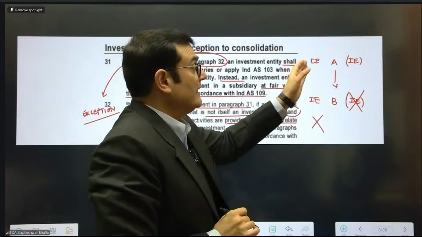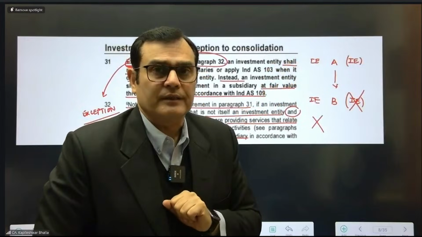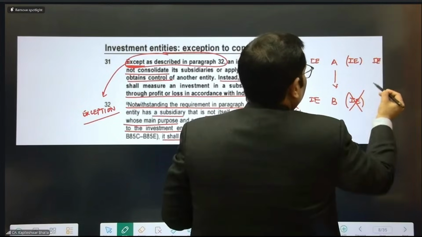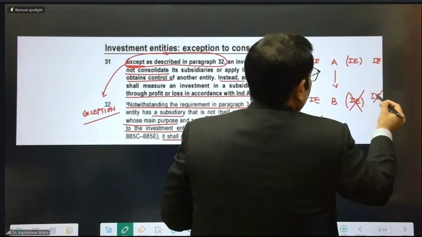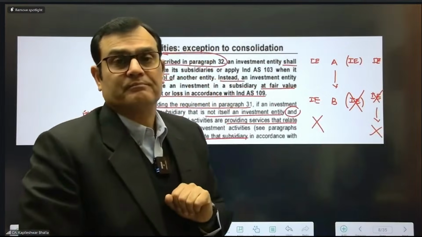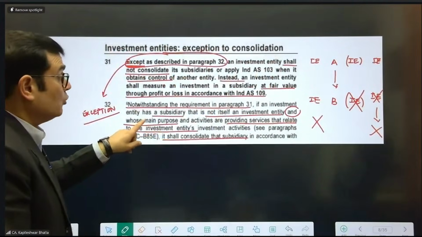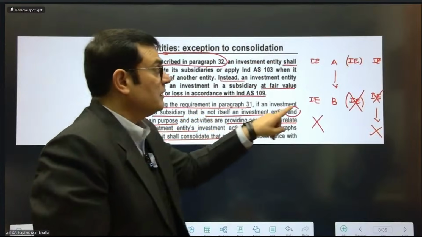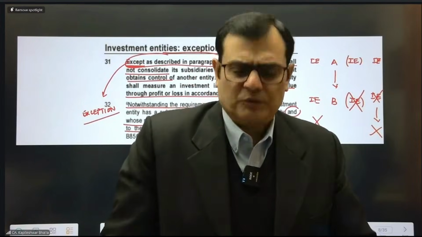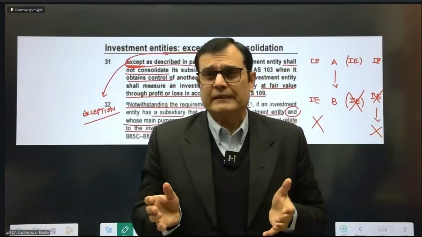So if A is an investment entity and B is an investment entity, I will not consolidate. And let's say A is an investment entity, B is not an investment entity, but its work is not similar to A. You fail the condition of main purpose being similar to A. Then also I will not consolidate. So now I'm confused, sir, about when to consolidate and when not to consolidate.